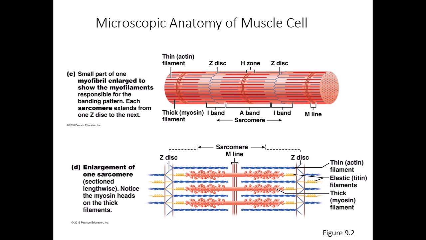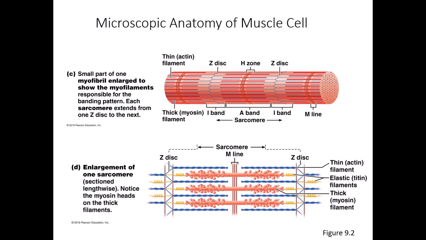Those are the I band, the part where the thin filament is not overlapping the thick filament. Then you have the A band, which runs the whole length of the thick filament. The thick filament is the peachy colored one. The thin filament is the blue one. If you follow from one end to the other of that thick filament, that is the length of the A band.